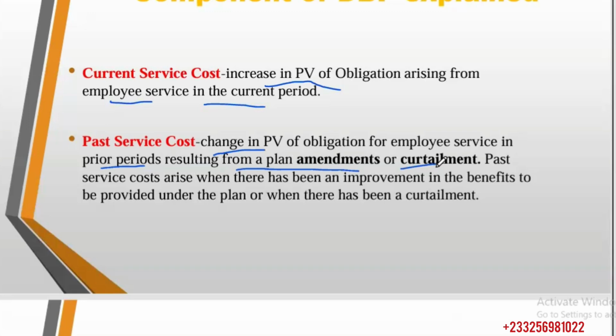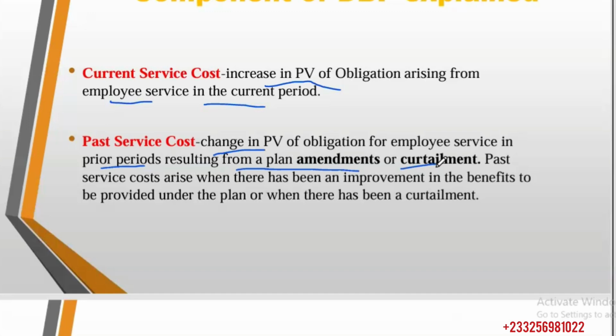With the past service cost, the obligation is as a result of a past event, from the prior periods, the earlier periods, the previous periods. So it's the change, the increase or decrease, in the obligation.